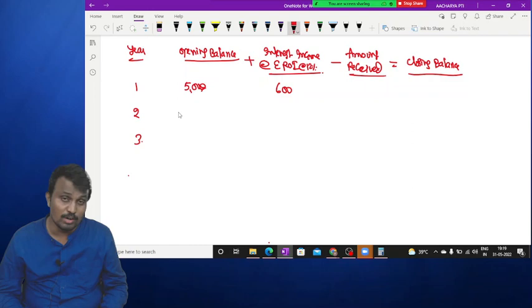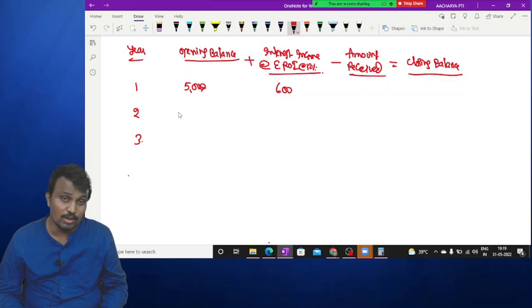No more, it will not continue, because the life of the respective loan note is how many years? 3 years only. So the total amount will be received at the end of the third year. Nothing but what? 5,212 plus 625 is nothing but 5,837. 5,837 will be received at the end of the year.